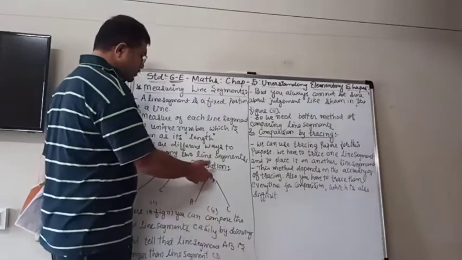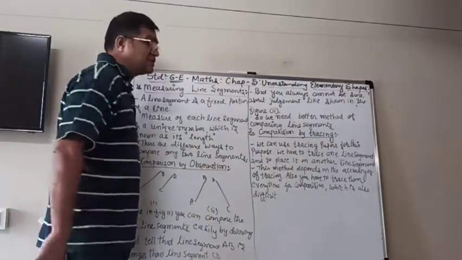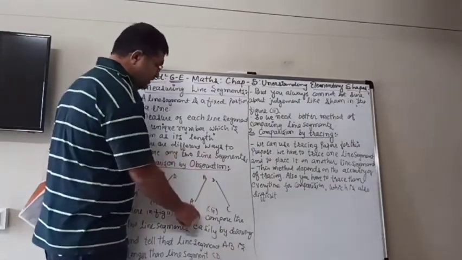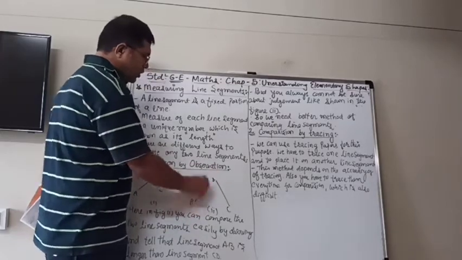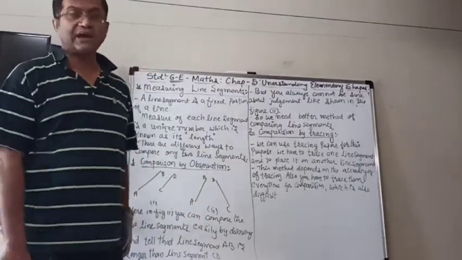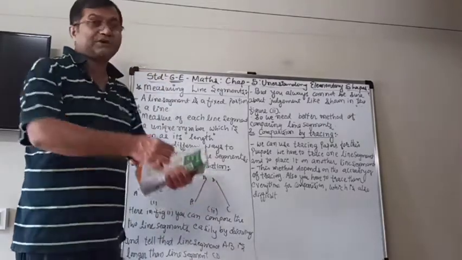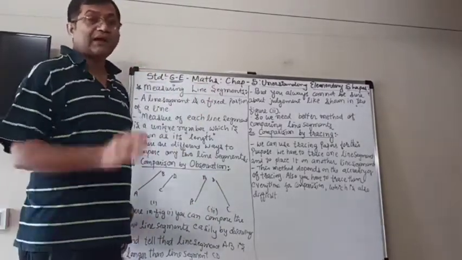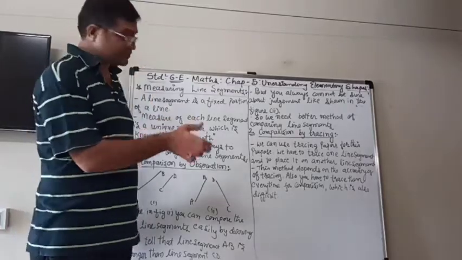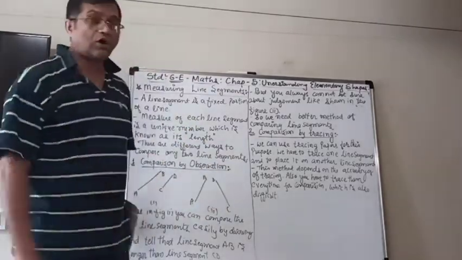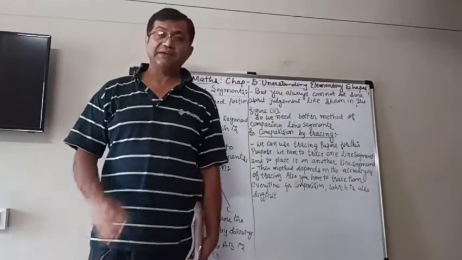For example, to compare line segment AB and line segment CD, you have to put the tracing paper along line segment AB and trace it, and then pick up that tracing paper and put the traced part on the other line segment, DC.